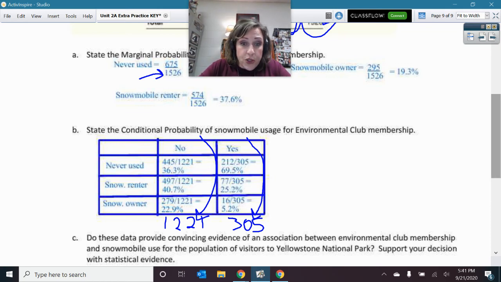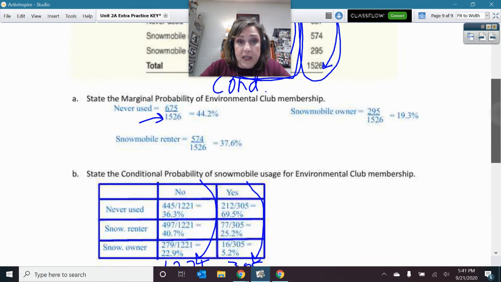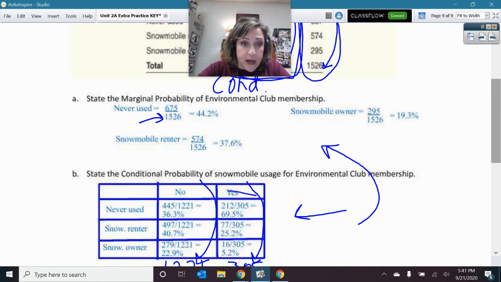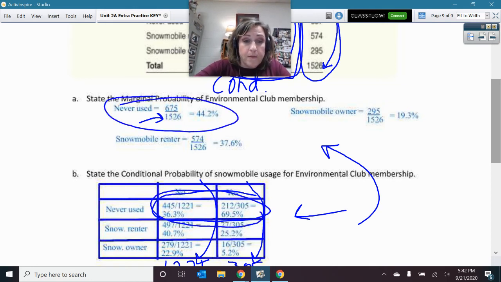In order to determine this relationship, we are comparing all of these to their respective marginal. So I would be comparing these two amounts to this one. So I'm comparing 36.3 and 69. You are almost twice as likely to not use a snowmobile if you are in the environmental club, and definitely much more than overall.